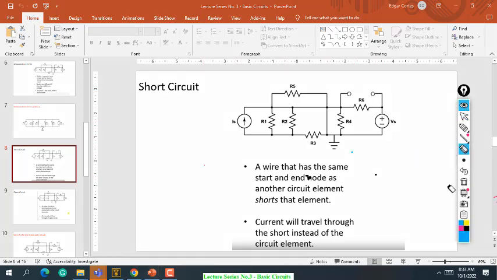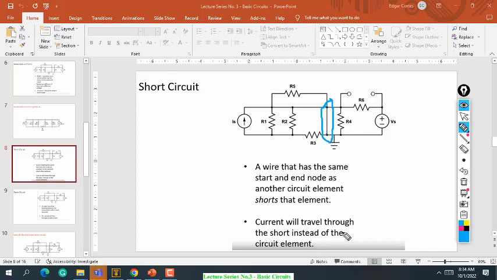In this class, in these slides, where is the short circuit here? So this is the short circuit, no? Okay, by that definition, a wire that has the same start and end node as another circuit element shorts that element. So this element here shorts that one, no?